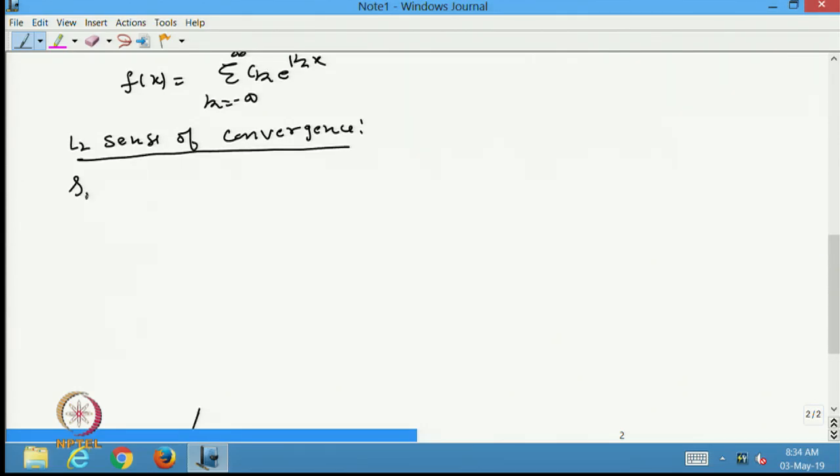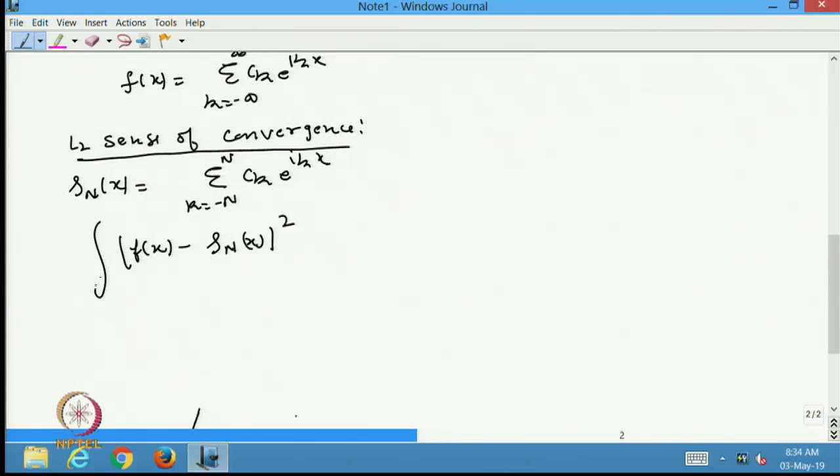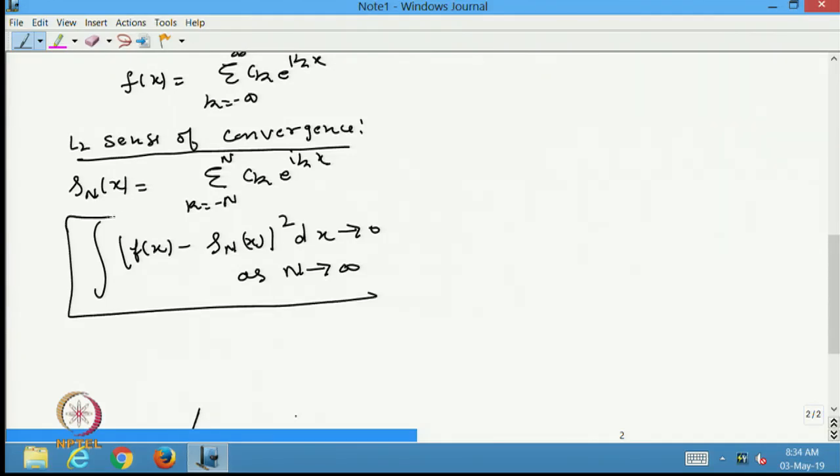For that reason I am denoting the partial sum s_n. This series is said to converge in L2 sense provided this norm tends to 0 as n tends to infinity. This is the meaning of L2 sense of convergence.